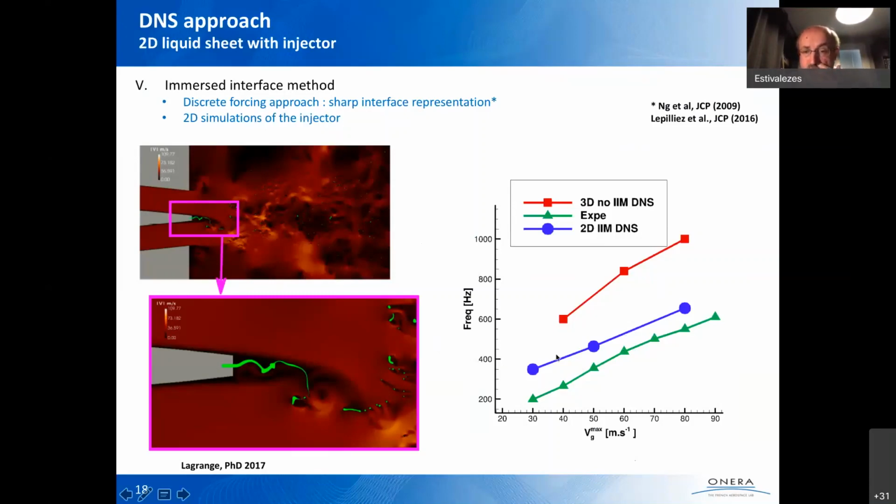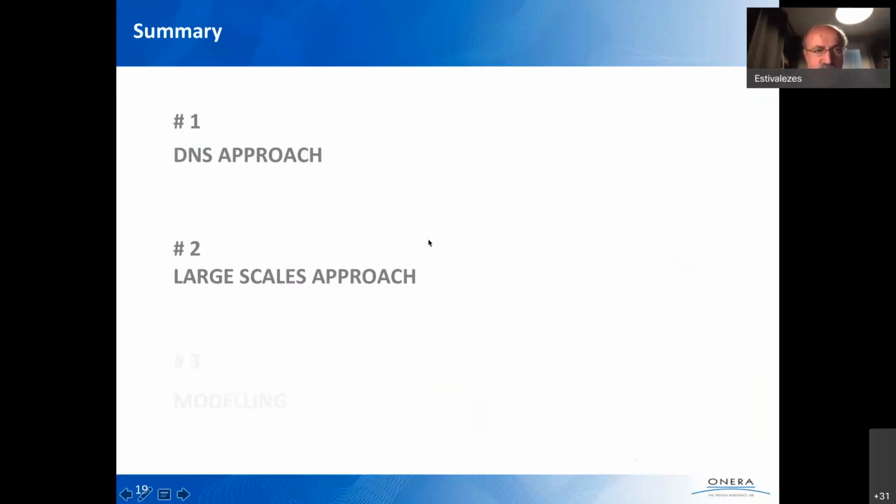However, we have the good slope, and so it's better than that. Okay, so it is interesting to be able to deal with a little bit more complex geometry with immersed interface. Let me now go to the large scale approach.